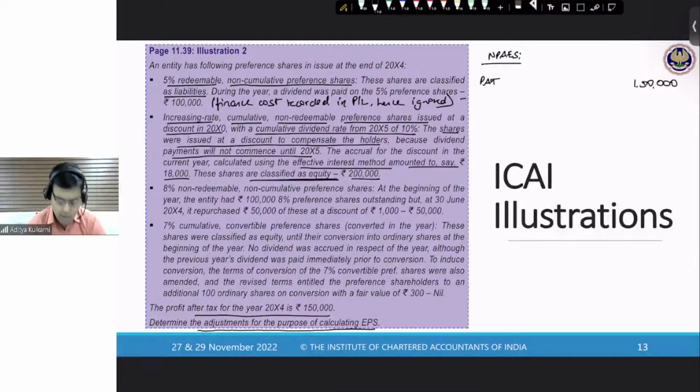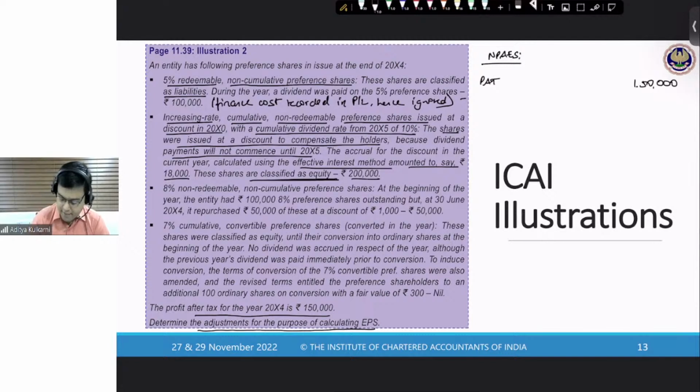So therefore, in this adjustment, if there is any discount or whatever is there, that is not considered in the profit after tax. Why? Because these instruments are classified as equity, and equity means there will not be a finance cost, and since there is no finance cost, the PAT does not contain the adjustment of this discount. Okay, so that is the first point.